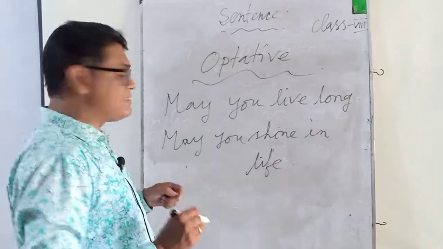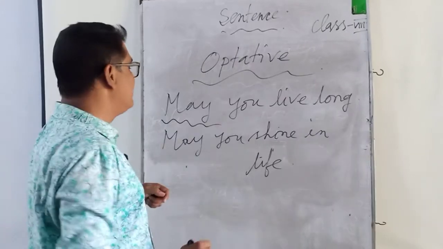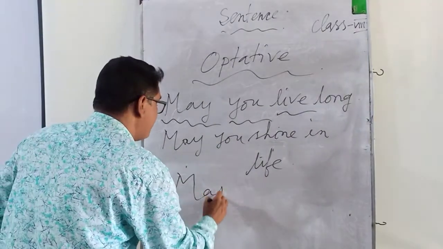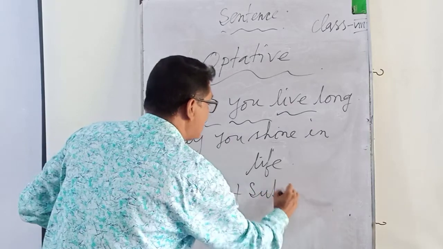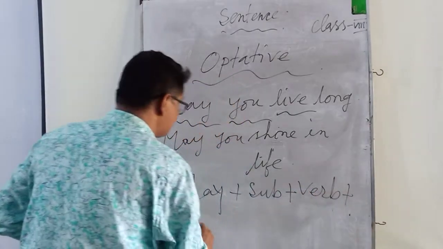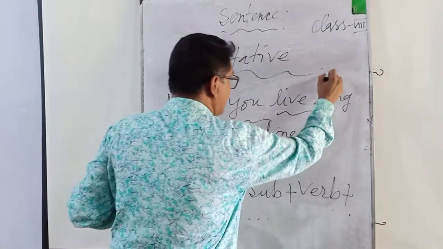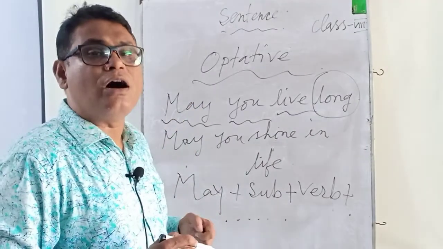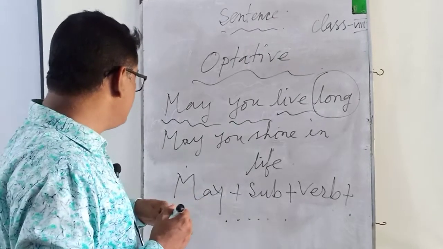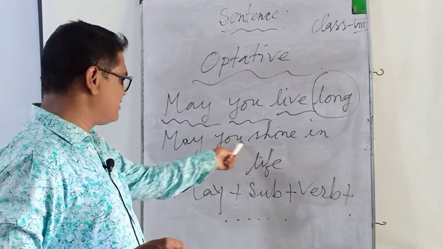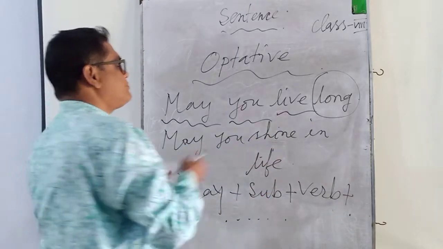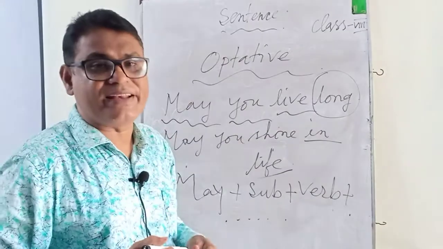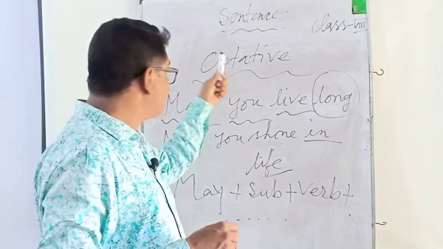If you analyze this sentence, first we see may, then the subject you, then the verb. So may plus subject plus verb plus adverbial, in life. In this way, if any sentence is formed, then we should say this is an optative sentence.